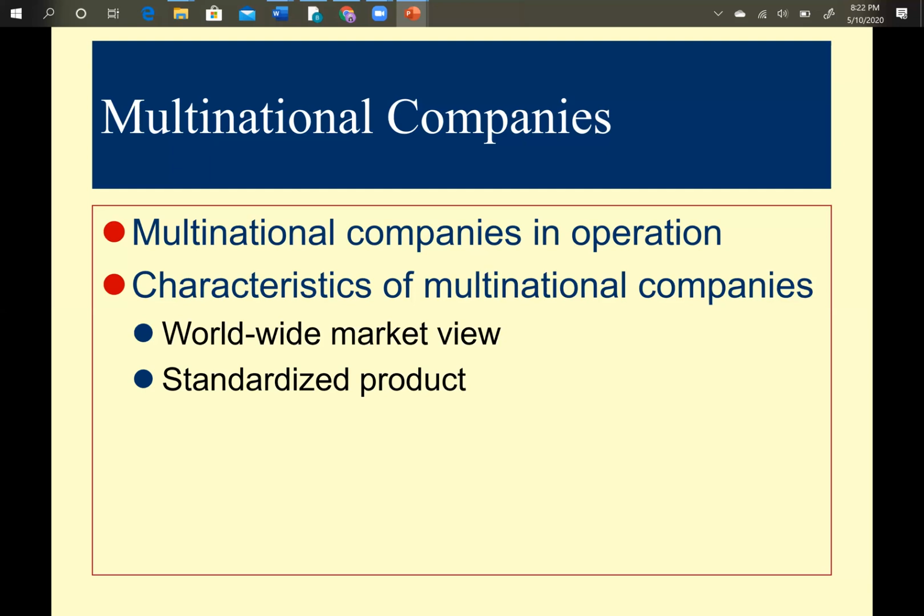So you have to kind of understand the culture and make sure that your product is more standardized based on a worldwide market view.